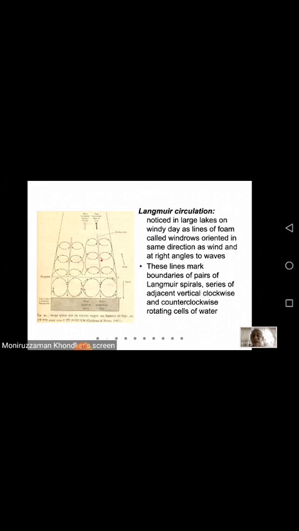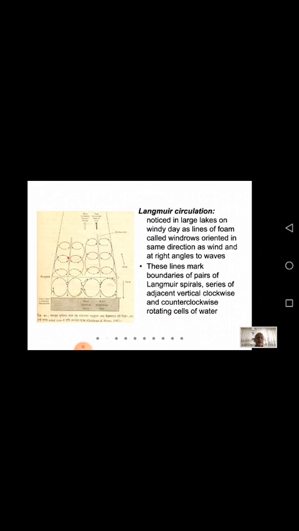These lines mark the boundary of pairs of Langmuir spirals, a series of adjacent clockwise and counterclockwise rotating cells of water. This one is a cylinder of moving water anticlockwise, and this is a cylinder of moving water clockwise. Again, it has a similar pair of cylinders.